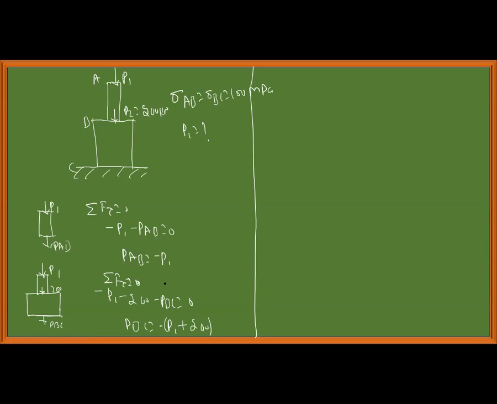Now, given the allowable stress is 100 MPa, let us find sigma AB. It is equal to P of AB by area of AB.